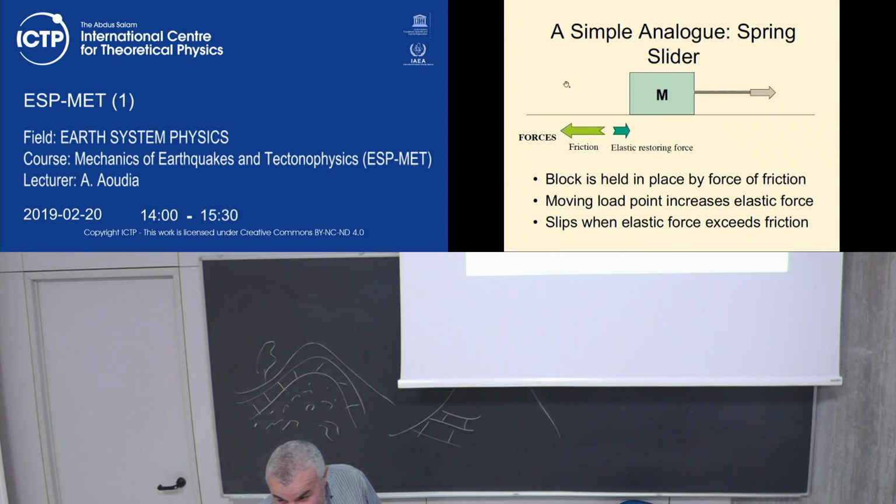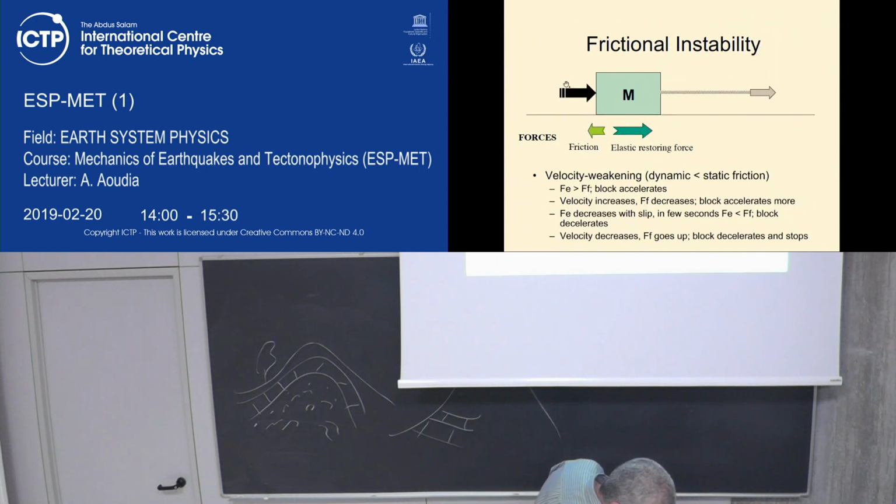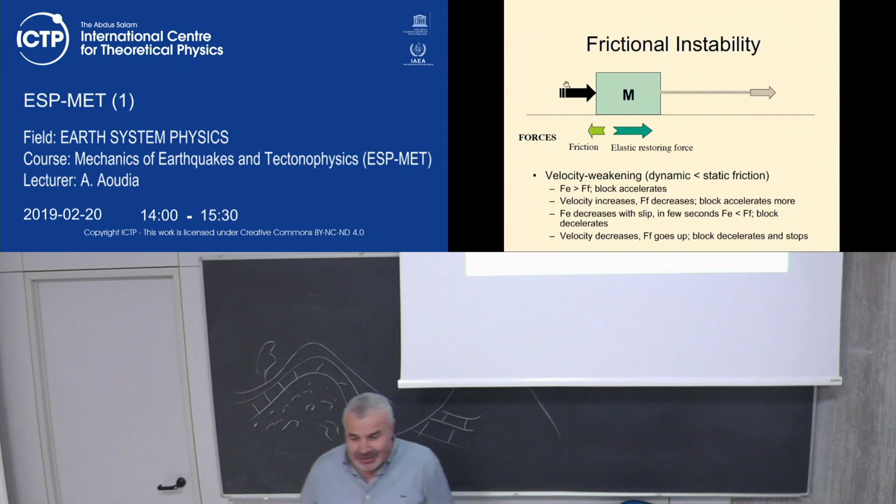And you see that friction is behaving in quite a funny way. And it's friction that controls the whole picture here. Then this is the frictional instability, and then we're getting into very complicated things, but we will be looking at these things later on. Okay?